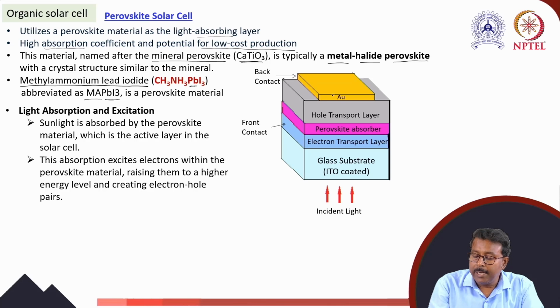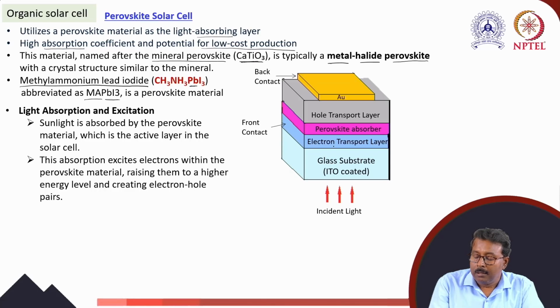There is a contact on top of the hole transport layer. Light is incident from this side. The perovskite absorber is sandwiched between the hole transport layer and the electron transport layer. A contact is made from the electron transport layer.